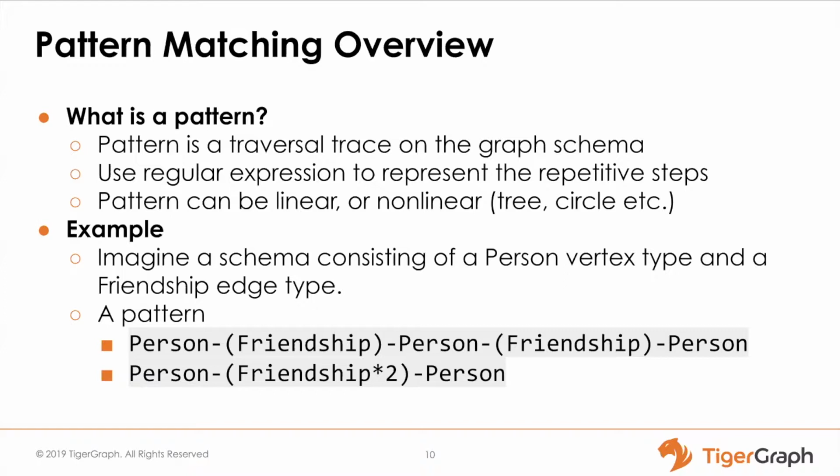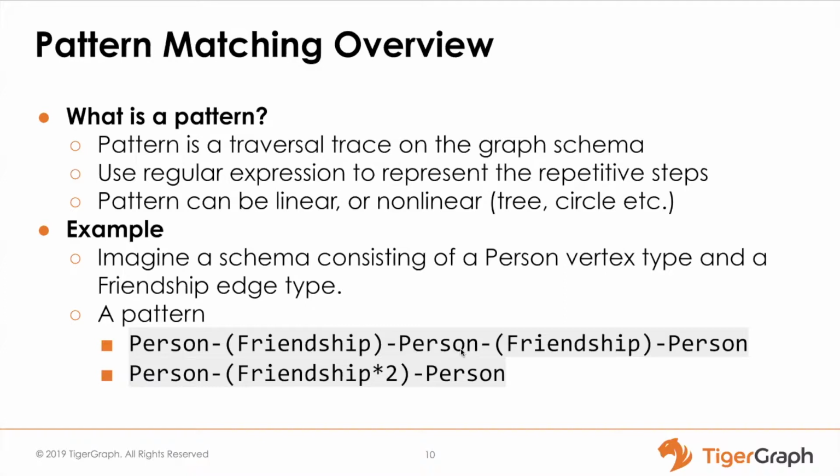So here is a very simple example. Imagine that you have a schema that consists of only two types. One is a person vertex type, and the other is a friendship edge type, and the friendship edge type connects person vertex types. So I can easily specify a pattern as the first line here: Person, match starting from a person and go through a friendship edge, and then I find the first hop friendship person.